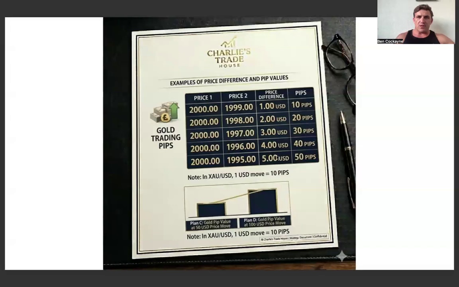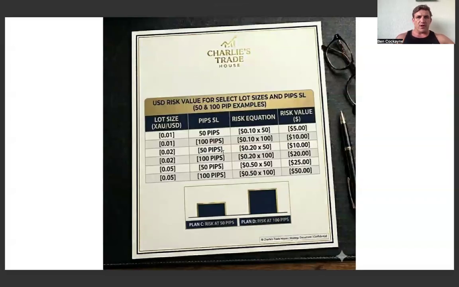Now, if we look at it from this standpoint, 50 pips on a 0.01 equates to $5 risk. The reason 50 pips is in this slide and 100 pips is in this slide is because typically our stop losses, what the traders give us, vary between 50 to 100 pips.